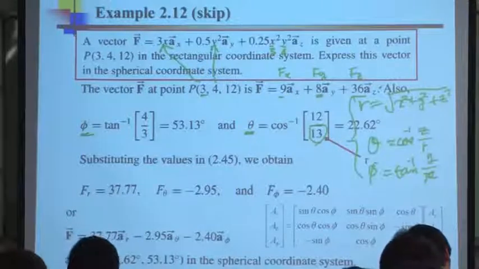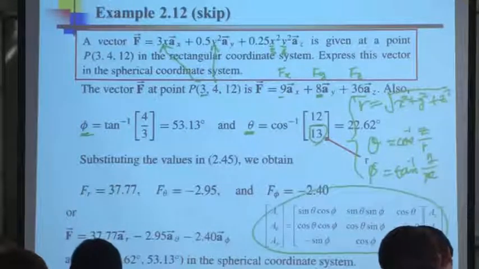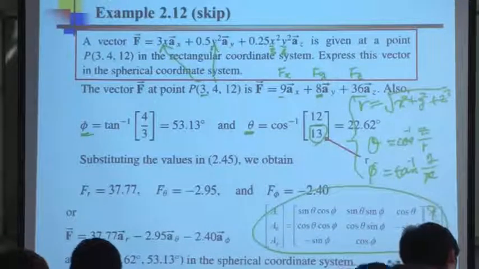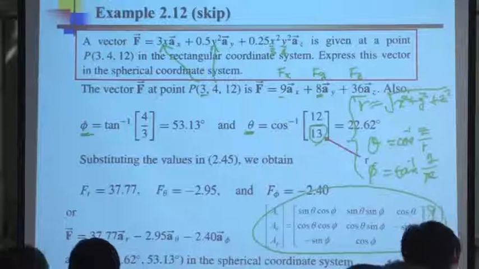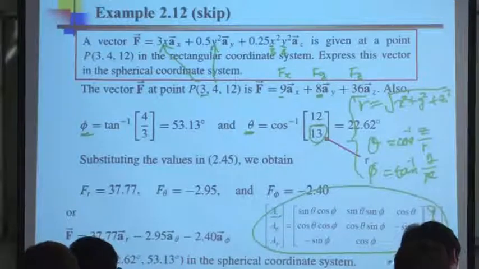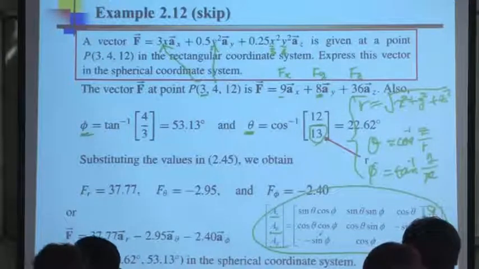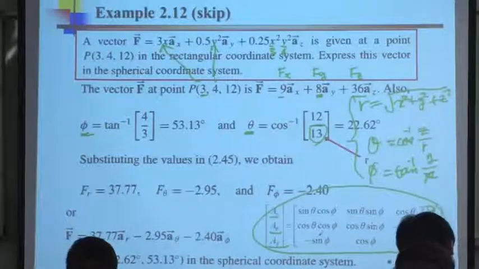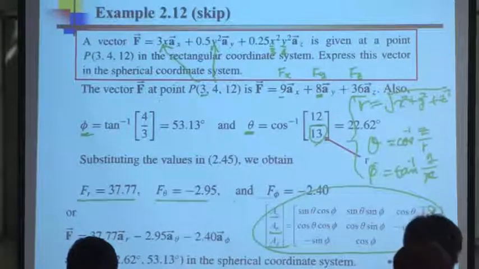And then using this matrix, you put the 9, 8, 36, and then you can get the fr, f theta, phi. In this case, you need to use the calculator. So using your calculator, you can obtain this result.